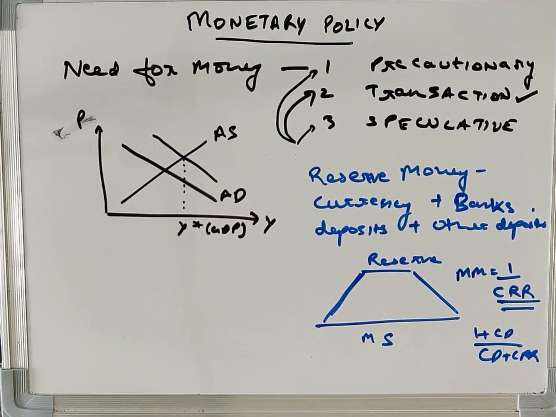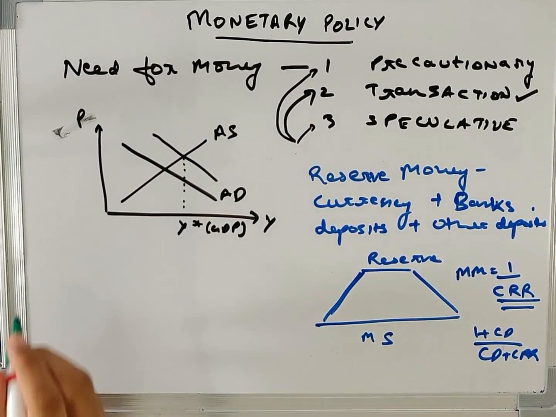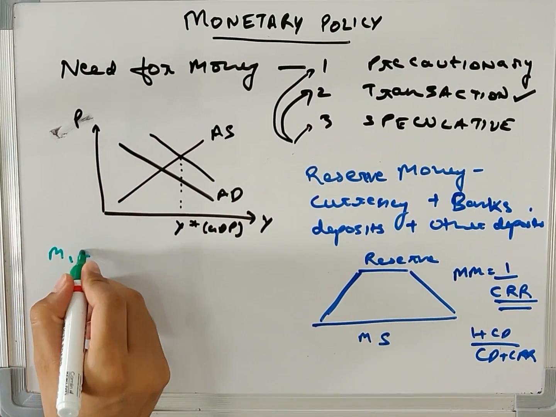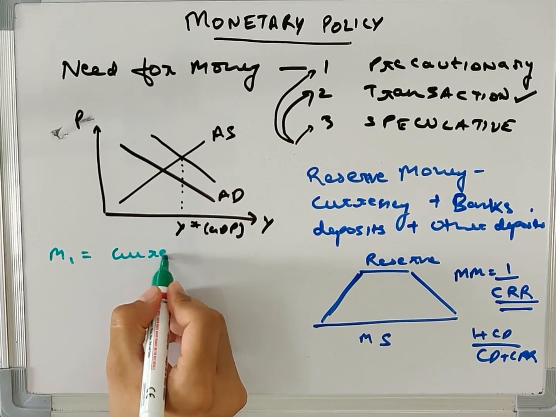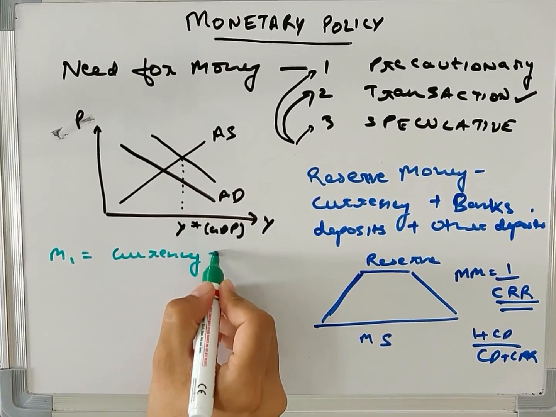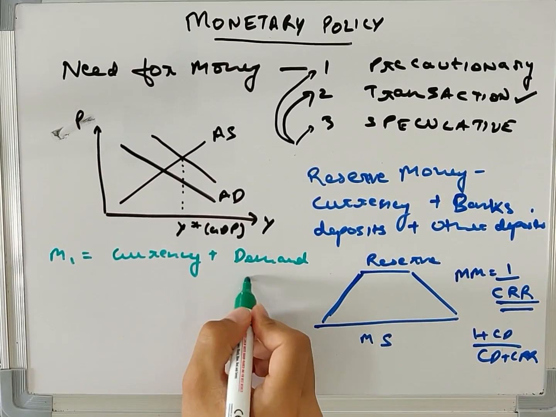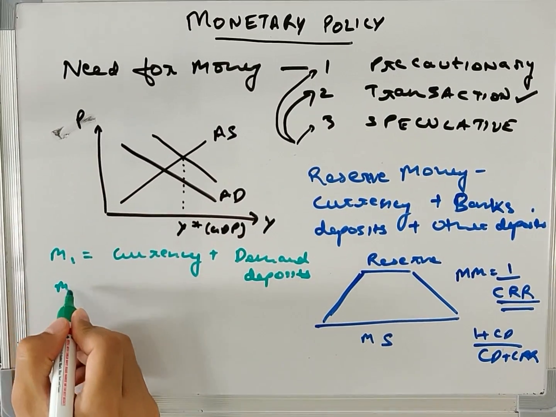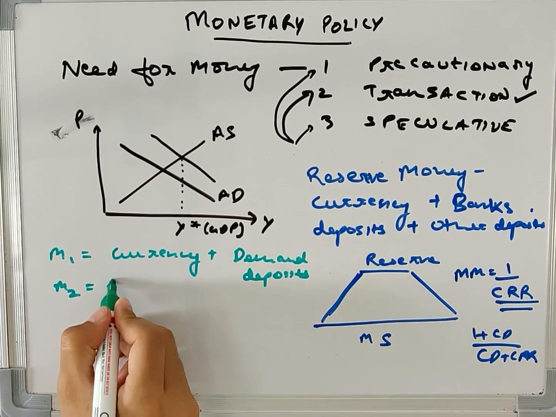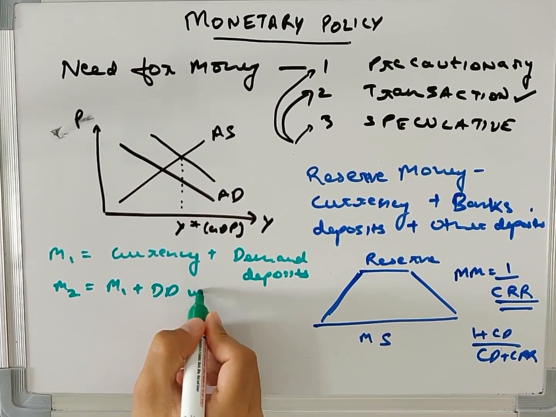The other kinds of money that are useful to know are M1, it's currency in circulation plus demand deposits with banks. M2, this is M1 plus demand deposits with post office.